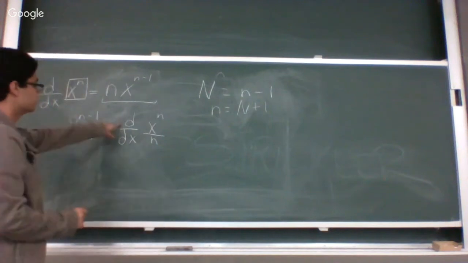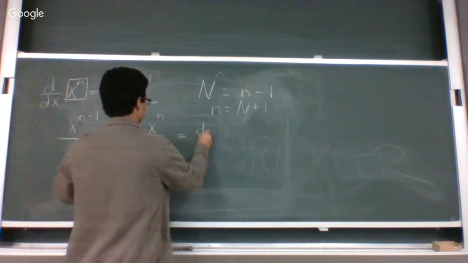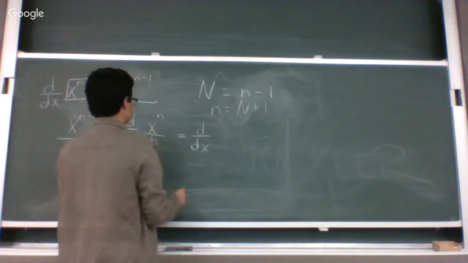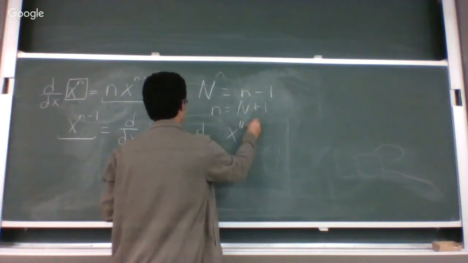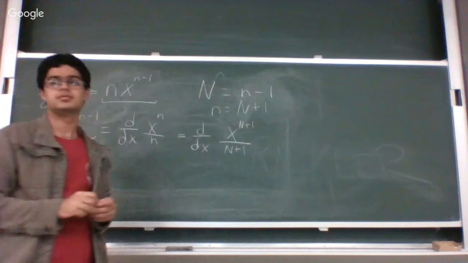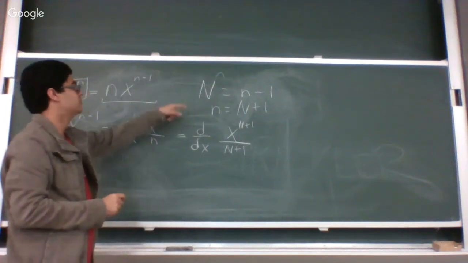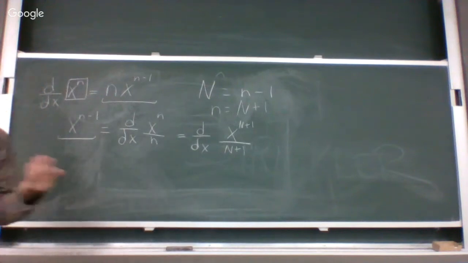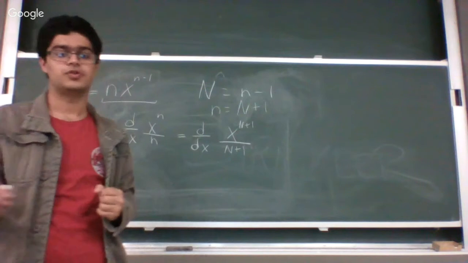So we still have d over dx. The x to the little n becomes x to the big N plus 1, all over big N plus 1. You can think of the big N as the n we have over a derivative because it's minus 1.